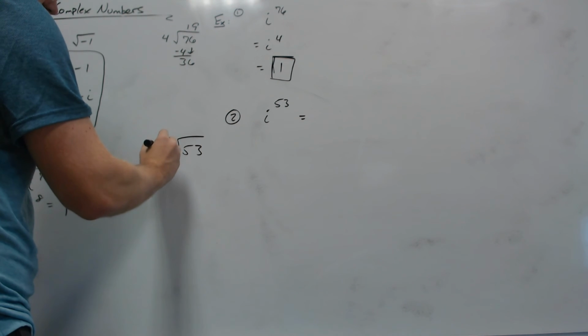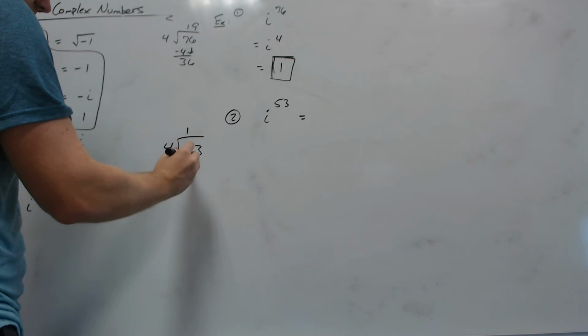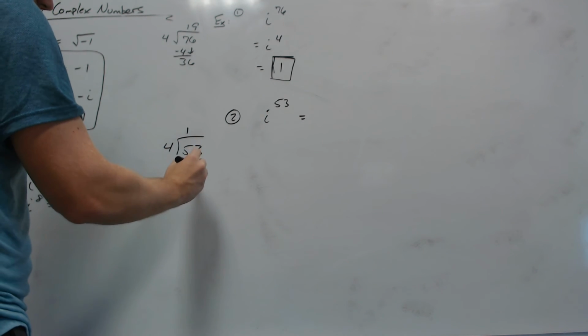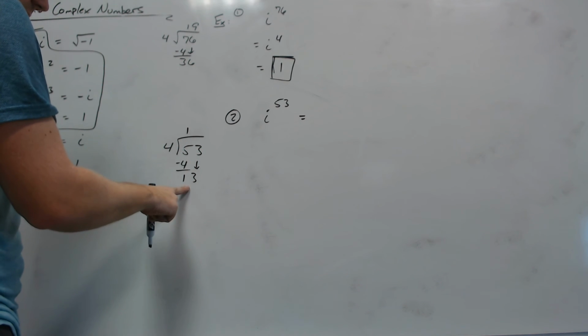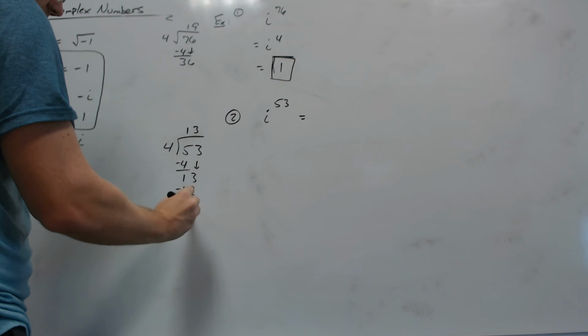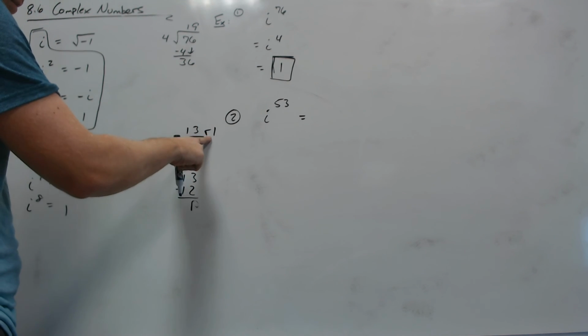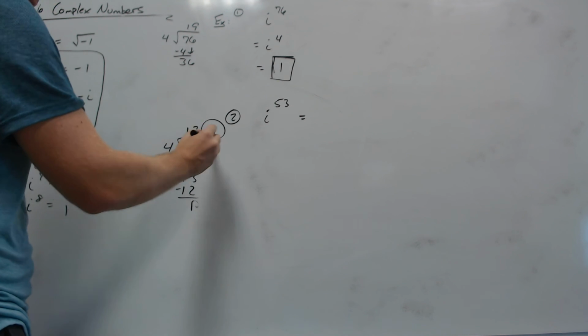Same thing, we'll go with i to the 53rd, but I'm going to check how many times 4 goes into 53. 4 goes into 53 13 times, that gets me to 52, with a remainder of 1. And all that really matters is the remainder.